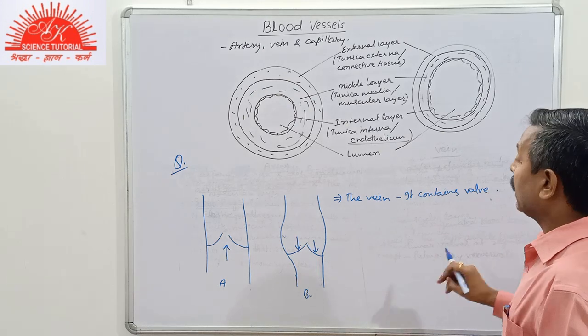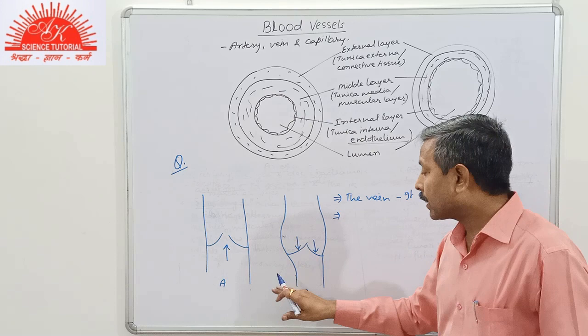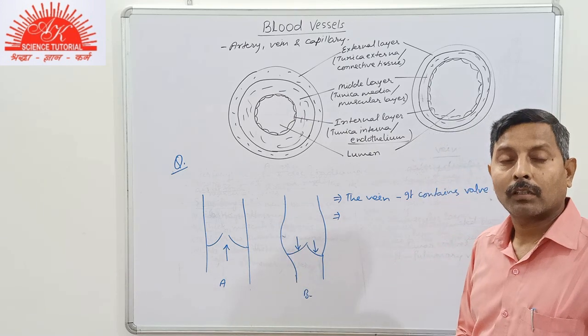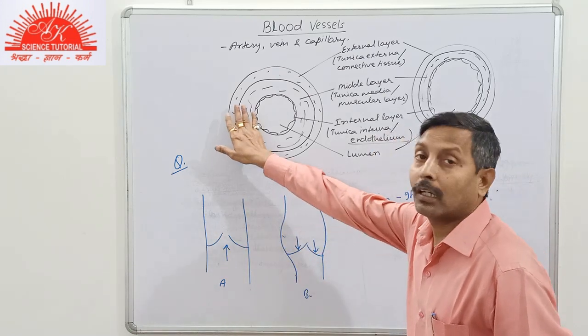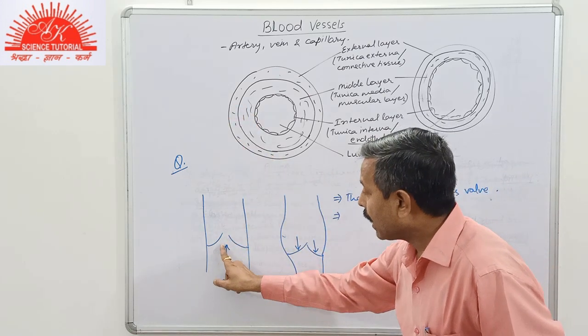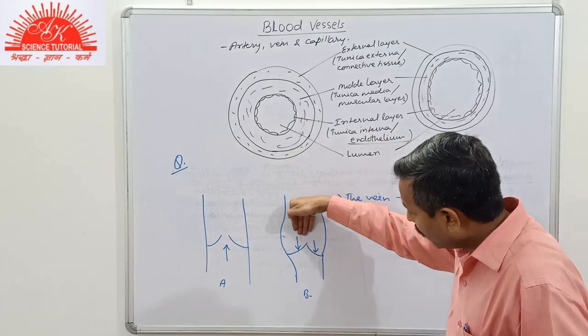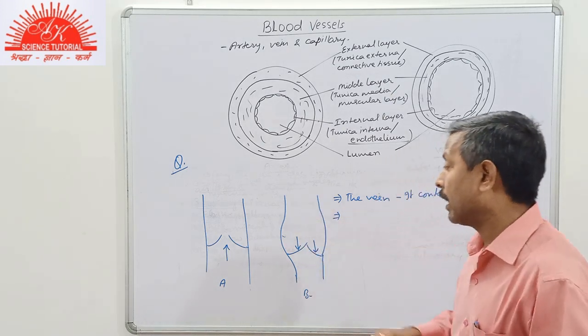Now further, the next question was asked: to which direction of the diagram is the heart located? Now we know that veins carry blood towards the heart. So you can see in this direction the blood can pass. But when the blood tends to return down, the valves are closed. So blood cannot pass in this direction.